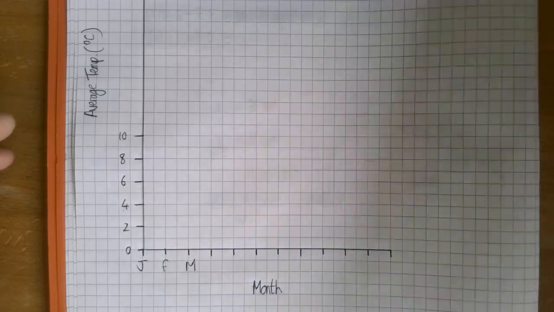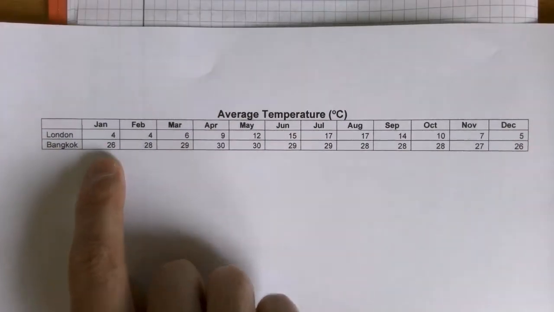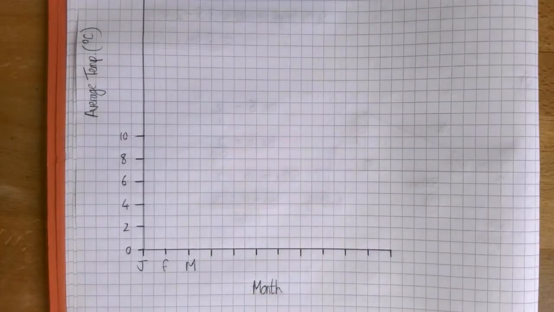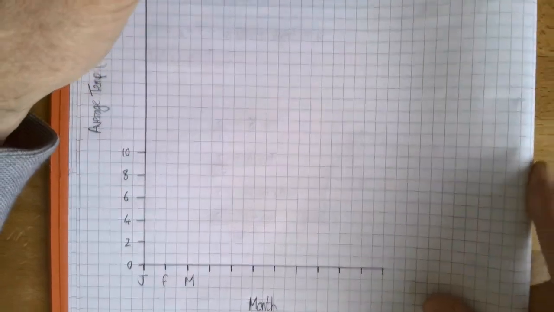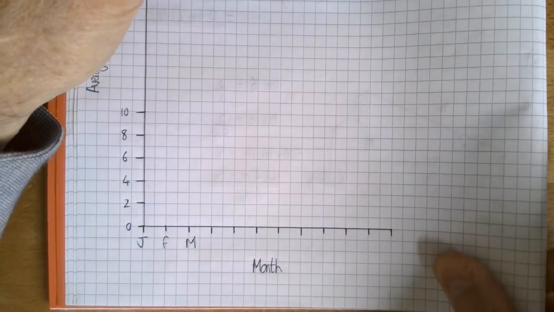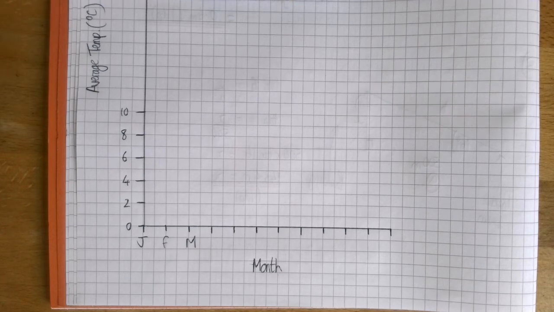Now, when I looked at the data, the lowest was 4 and the highest was 30. So I've scaled my axes from 0 all the way up to 30 degrees, and I've started. I'm going to let you finish that. I did a 15 centimetre line. You may choose to do it differently. That's absolutely fine. We've got two different places, London and Bangkok, so we're going to use either two different colours or two different symbols.